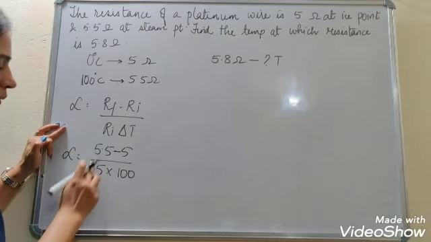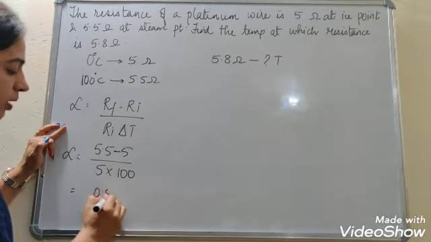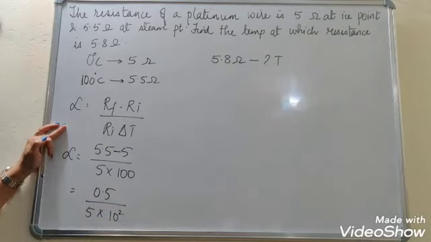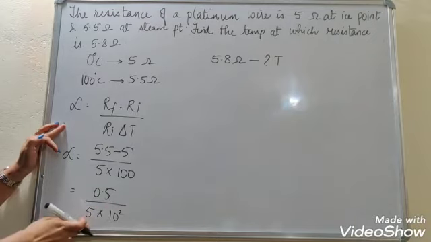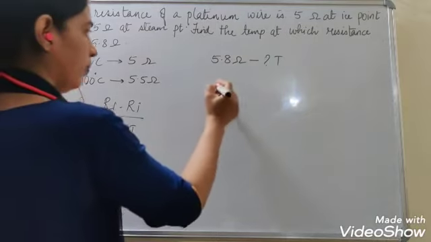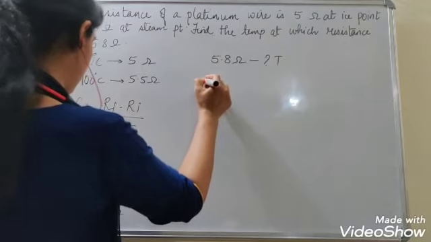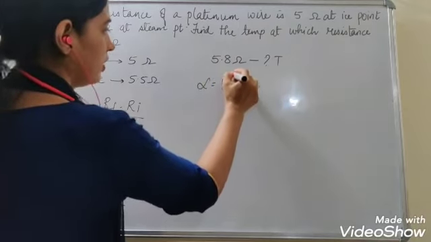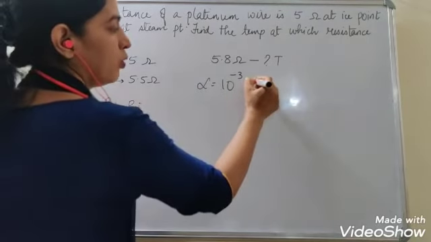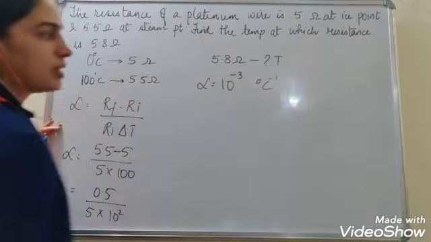So alpha will be 0.5 upon 5 into 10 to the power 2, which is 1 upon 10 to the power 3. So alpha is 10 to the power minus 3 degrees Celsius inverse.